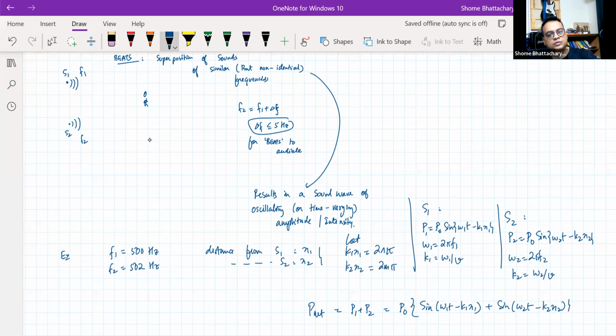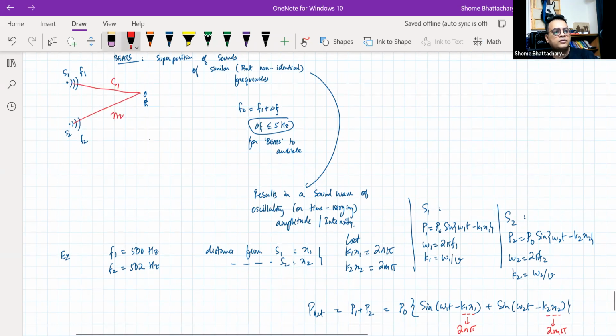So we can drop those two terms. We'll just make the calculation easier to understand. So this term is, suppose, 2 n pi, and this term too. So we just adjusted the distances from the source, this distance x1 and this distance x2. We have adjusted them in such a way that this is happening.